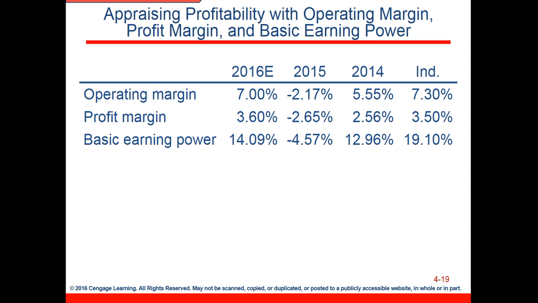And basic earning power is basically improving. We are seeing that, but it's still below the average, just because the assets, specifically the accounts receivable and inventory, turn out to be greater.